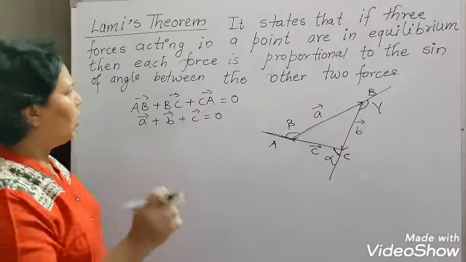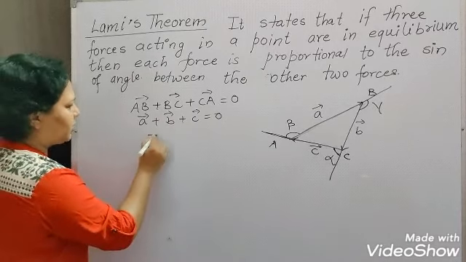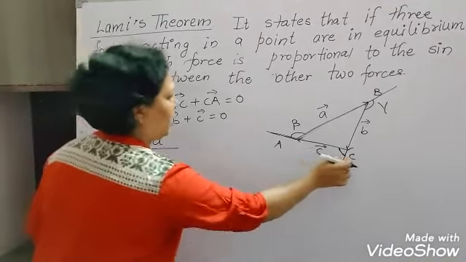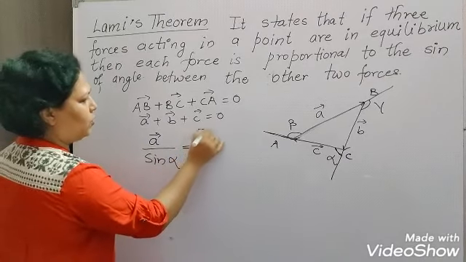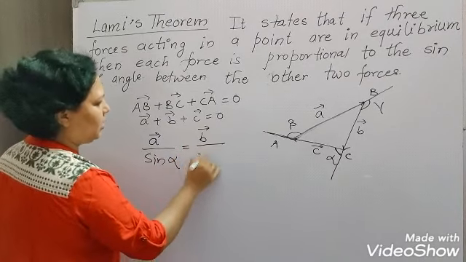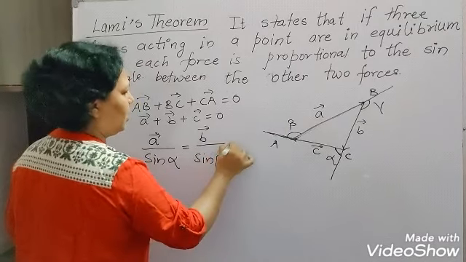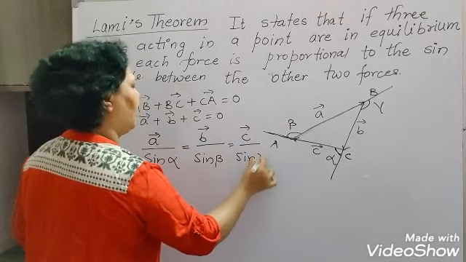So according to Lami's theorem, force A over the sine of the angle between the other two vectors, alpha, is equal to force B over sine of angle beta, equal to C over sine of angle gamma.